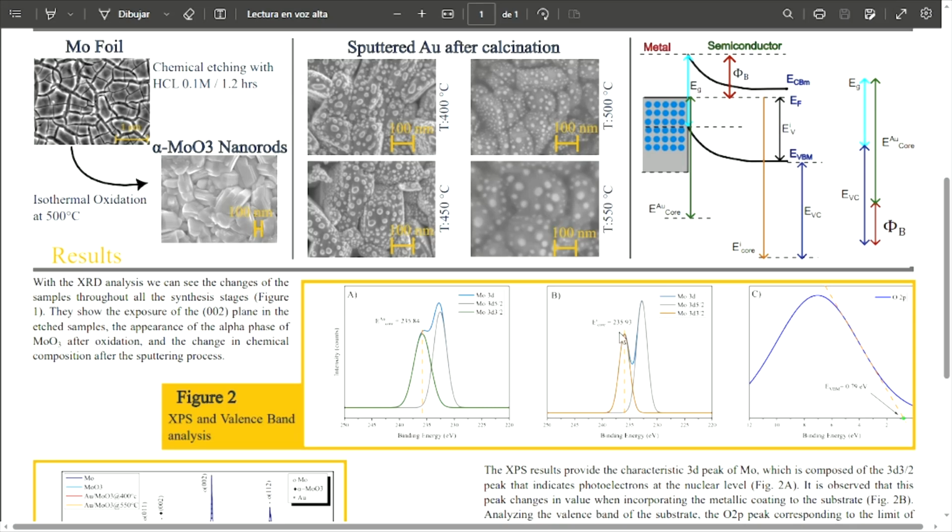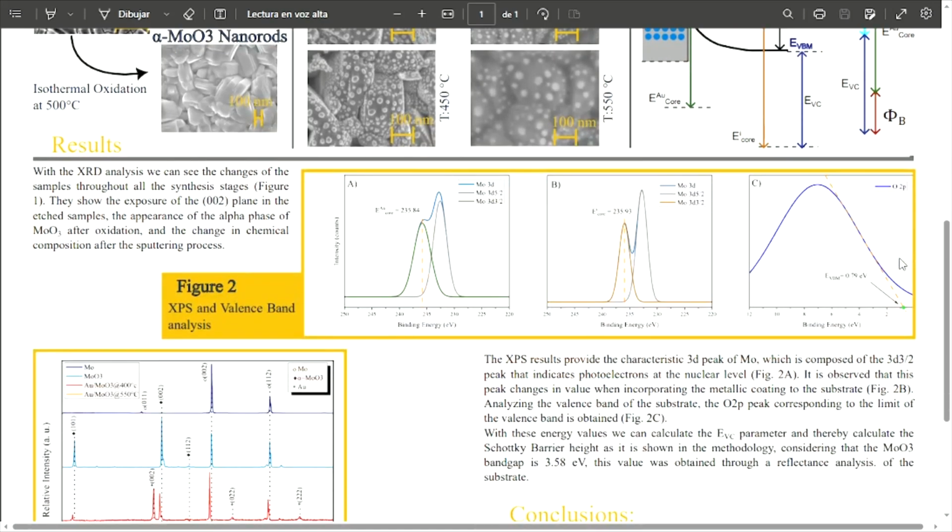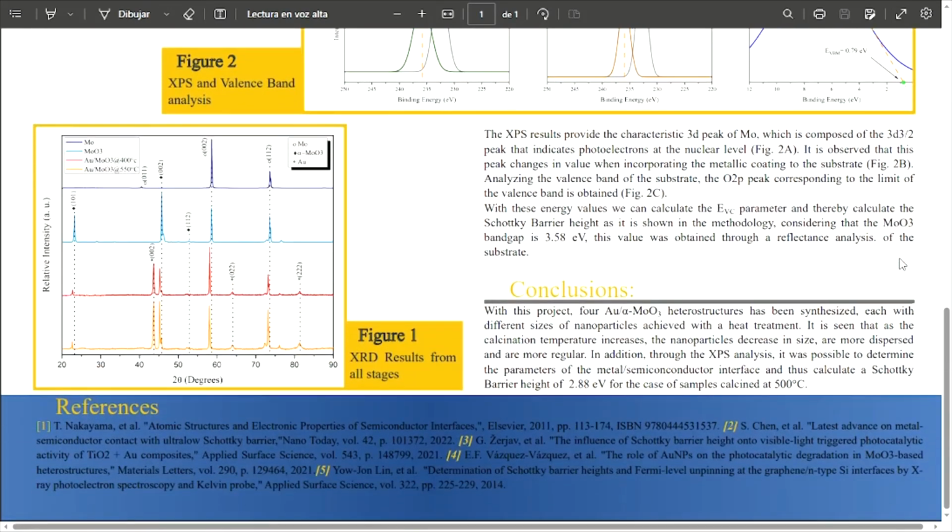With the initial nuclear energy and the valence band minimum, we can calculate the parameter EVZ. And considering a band gap of 3.58 electron volts, we can apply the relation mentioned before and obtain finally a Schottky barrier of 2.88 electron volts for the case of samples calcined at 500 degrees centigrade.